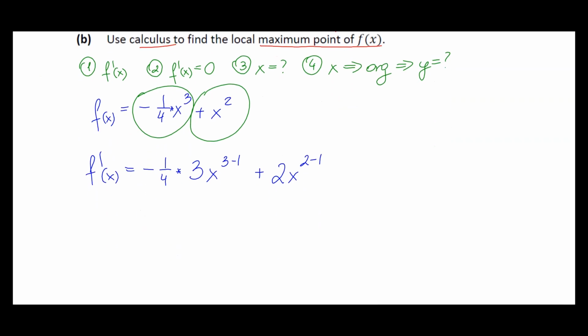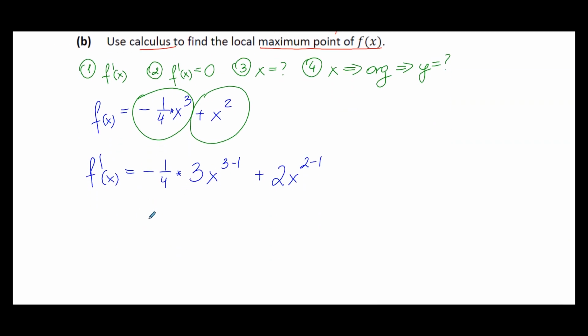And then, let's deal with the numbers. So minus 3 over 4 x to the power of 2 plus 2x is our derivative. We equate that derivative to 0, and then we solve it for x. Now, it is a quadratic function. We could use the minus b formula.